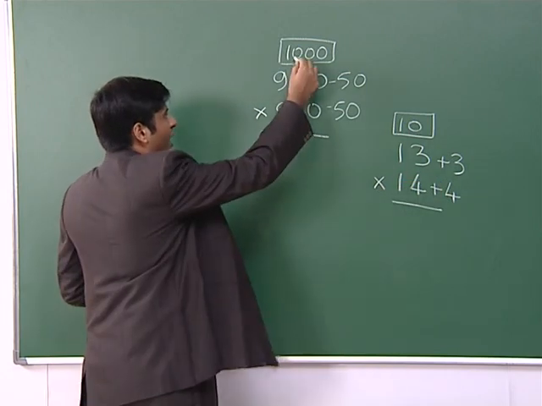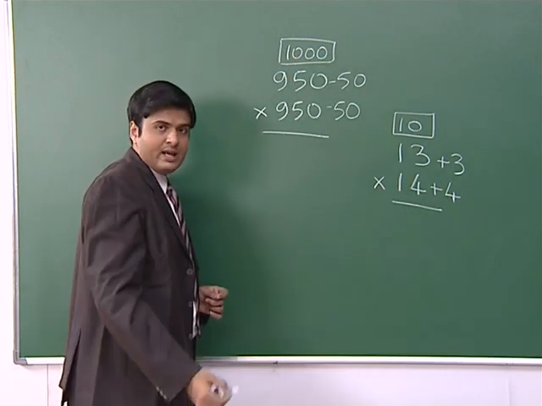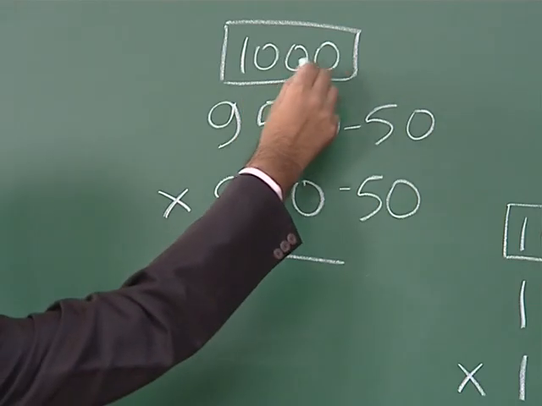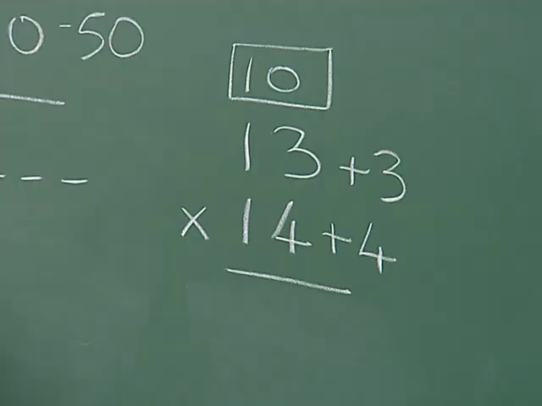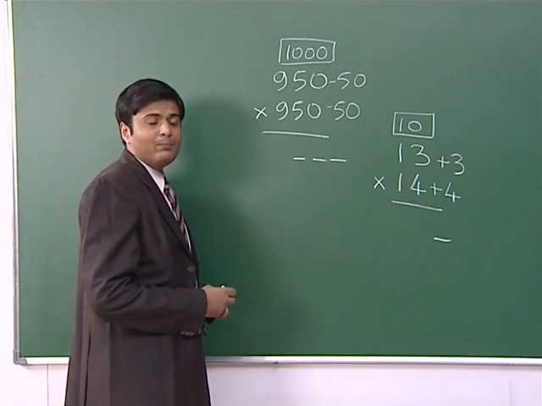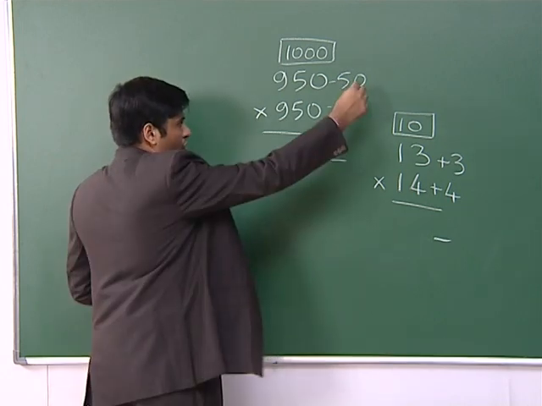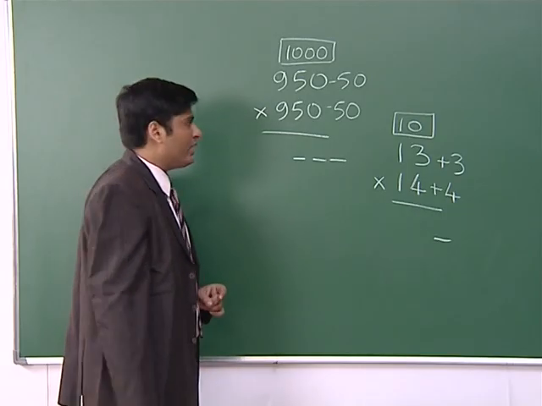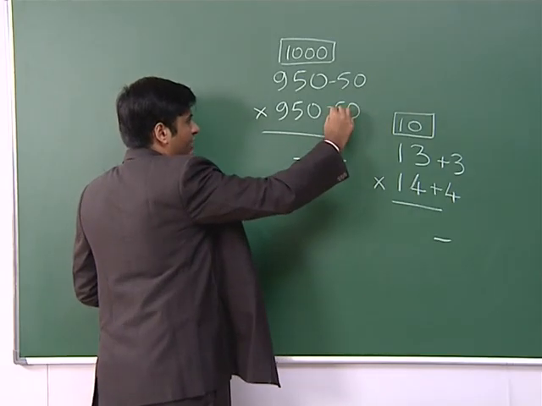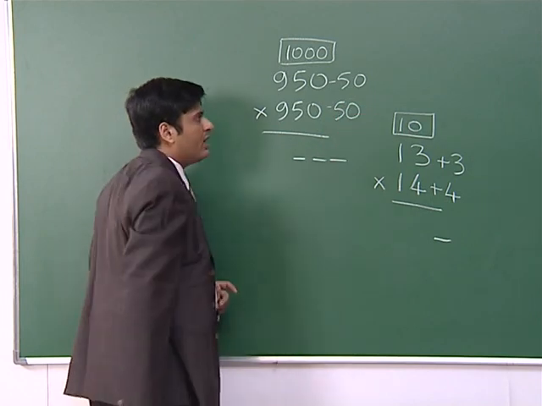Next, howsoever many zeros, that many digits in the right part. 3 zeros in 1000, right hand side will be a 3-digit answer. There is 1 zero in 10, so there will be 1 digit in the right part. Third step says multiply the differences. 50 times 50 is 2500. How do we do it? 5 times 5 is 25 and put 2 zeros behind it.